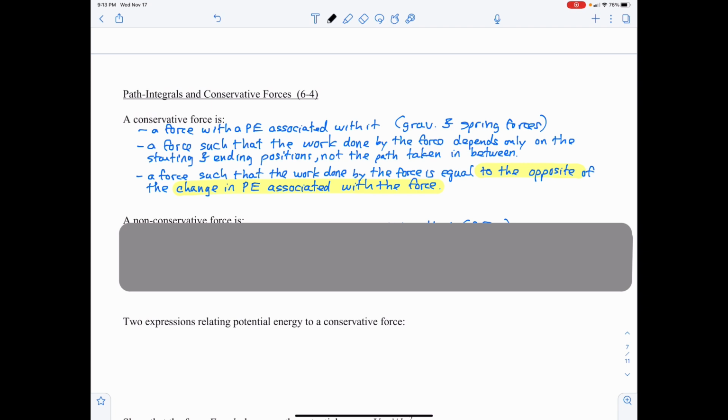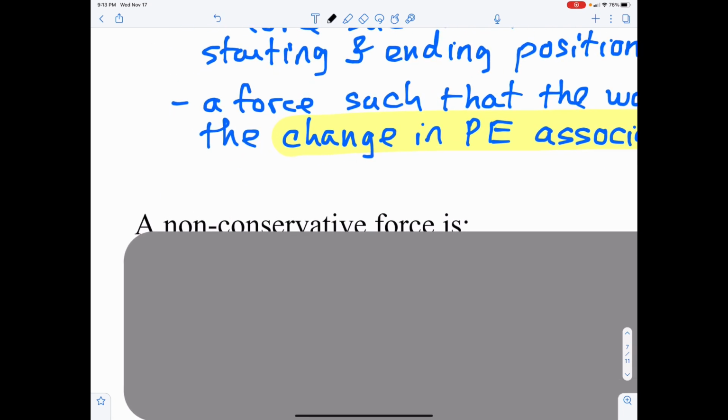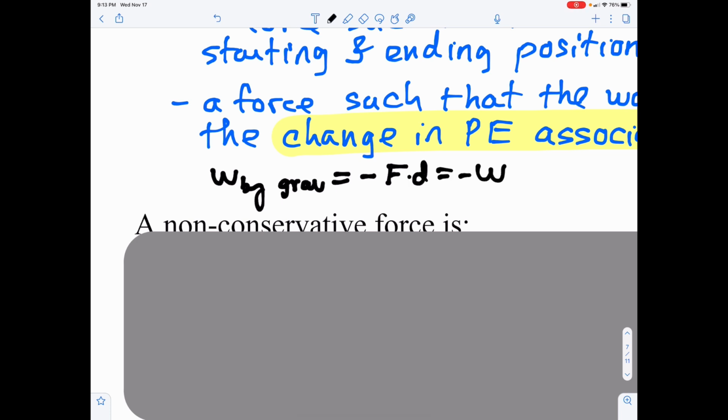So an example of the last one: the work done by gravity as you lift something upwards. Now keep in mind, that's going to be a negative force times distance, or a negative work, basically, because gravity goes down and you're displacing it upwards.